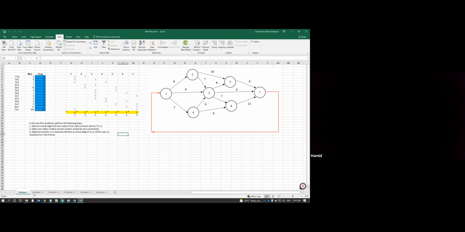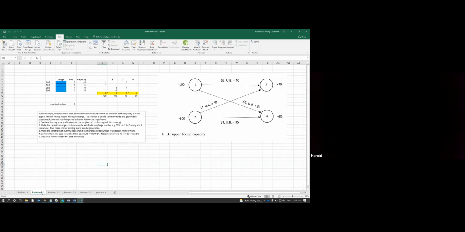Let's solve it through Excel first. Here I just do it with our previous knowledge. We have some constraints here, which are highlighted. We cannot send more than 100, and we should provide the 75 and 80 demand here.